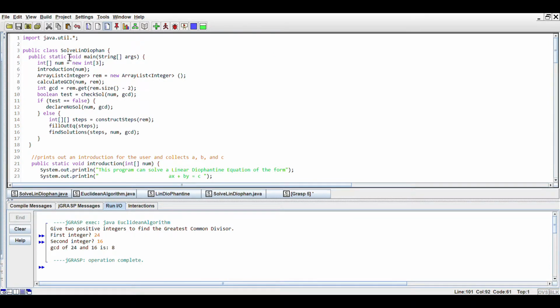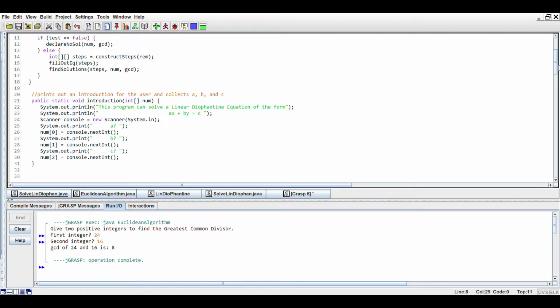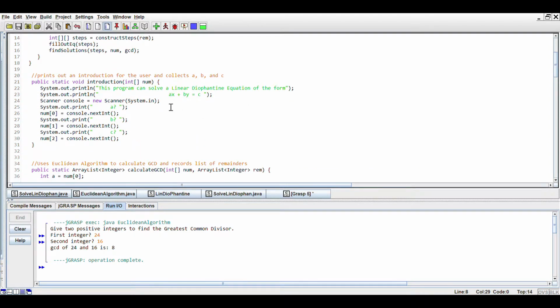So this is what I wanted to show you guys next. It's a program that can solve linear Diophantine equations. Those again are equations of the form ax plus by equals c. And it's really based on the Euclidean algorithm, but has a little bit more complexity to it.